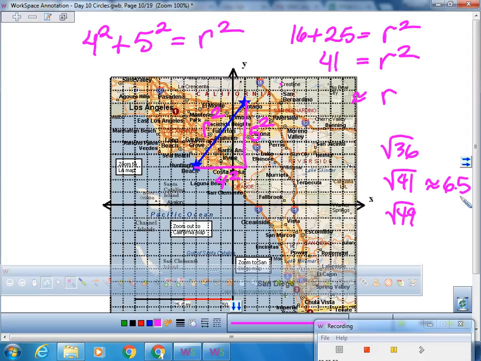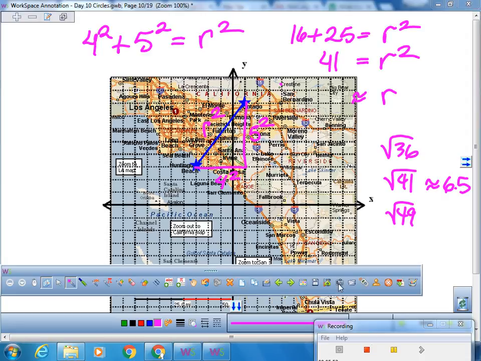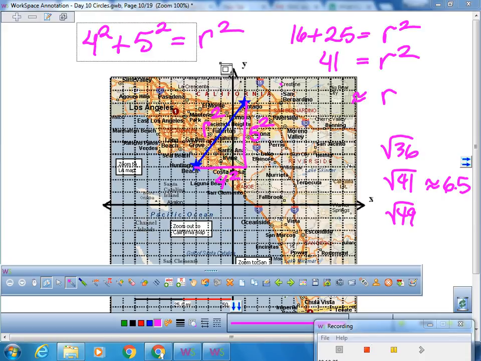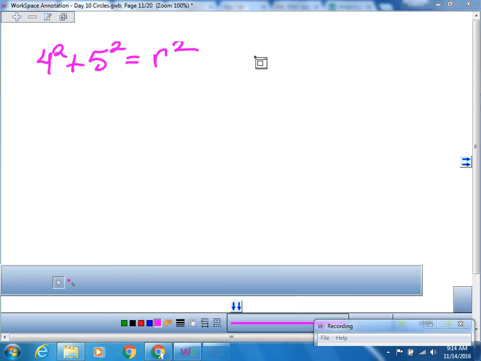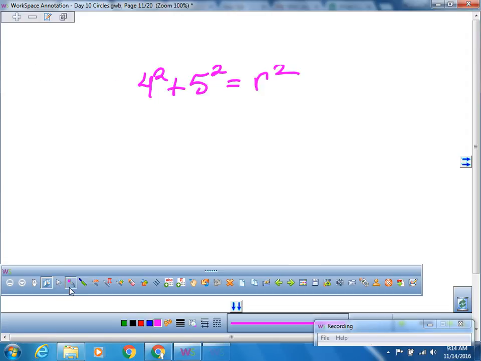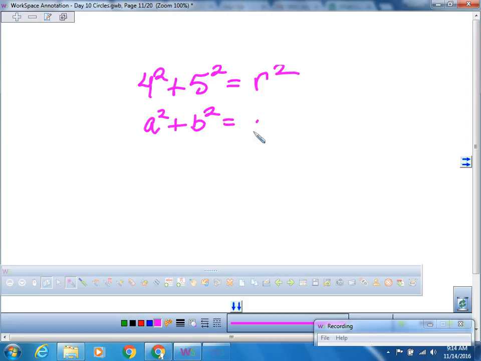This actually can be rewritten a different way. You guys have seen it before, but I hate to teach it that way, but I'll show you. So this is a squared plus b squared equals c squared, which you guys should have learned in 7th grade, right?